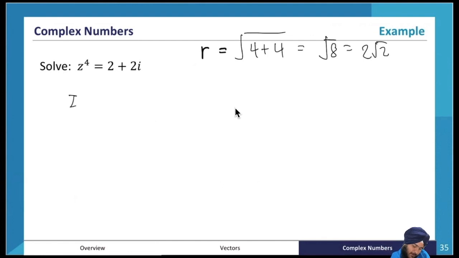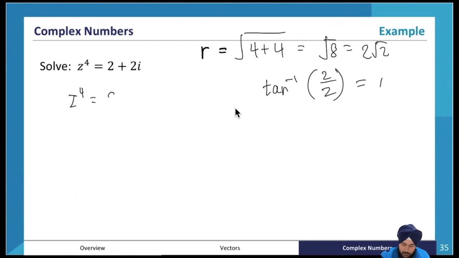Next step, so we're finding z to the power of 4 is equal to, we haven't really found the angle. So the angle, remember, is tan inverse of imaginary over real component, which is 1, which is tan inverse of 1, which will be equal to pi over 4.